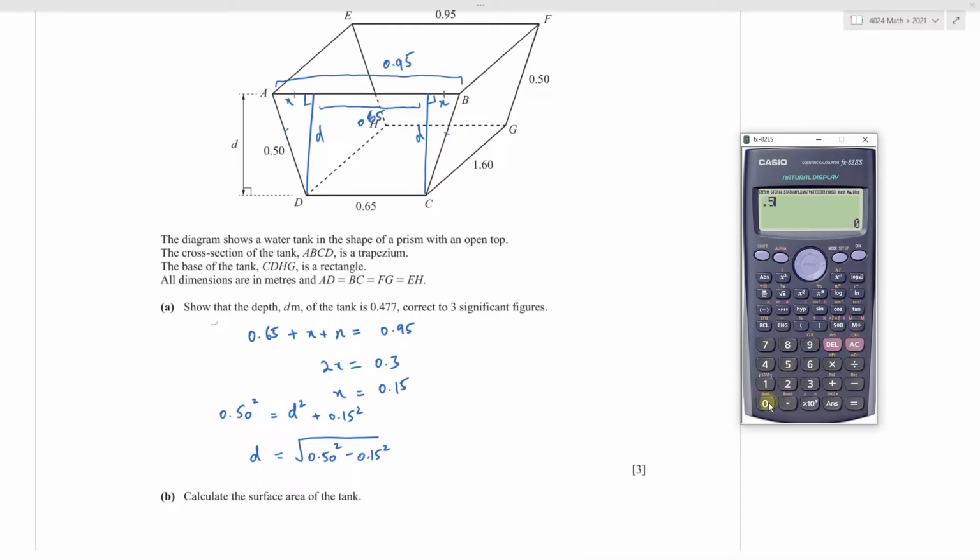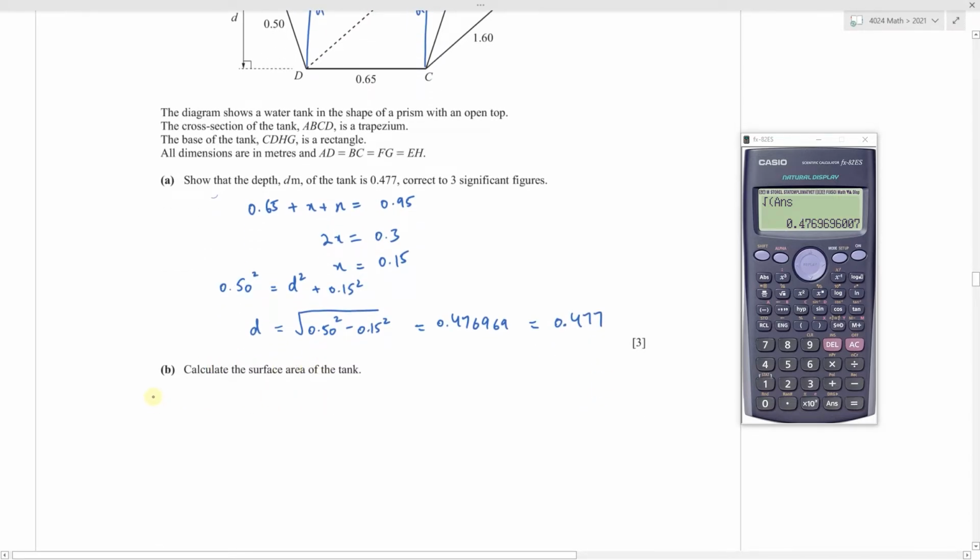So 0.5 squared minus 0.15 squared, and then the square root of this, which is 0.4766969, and up to three significant figures, this is 0.477.